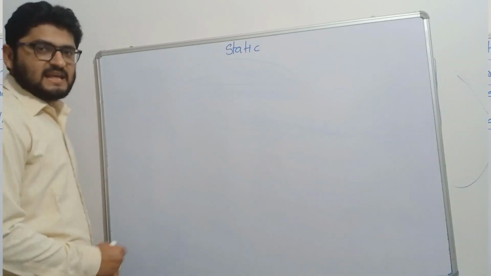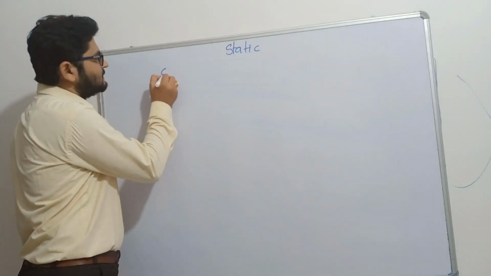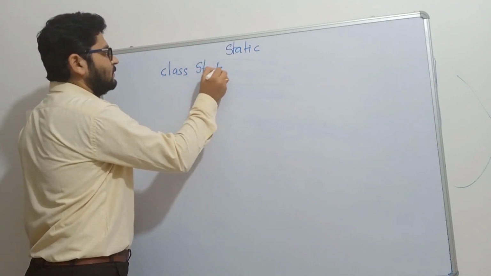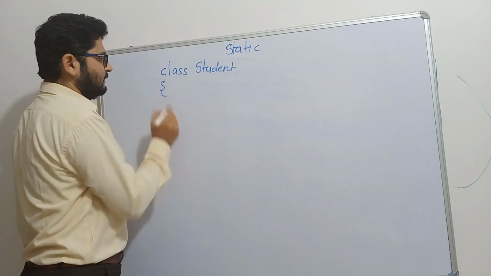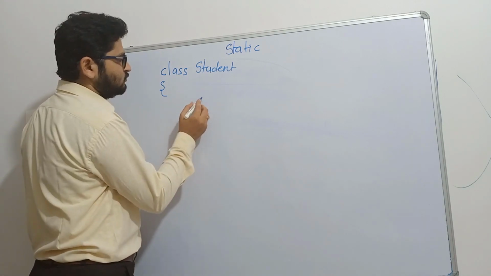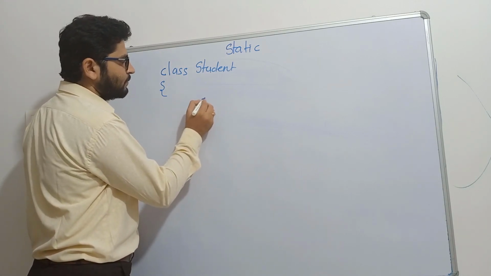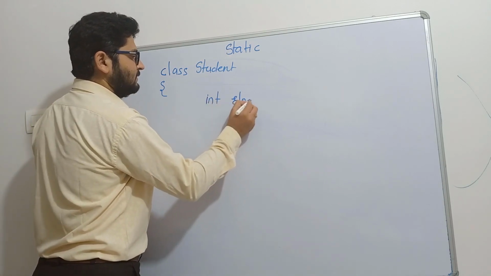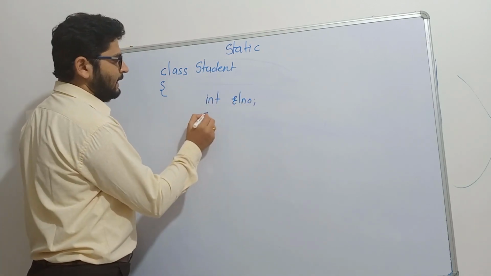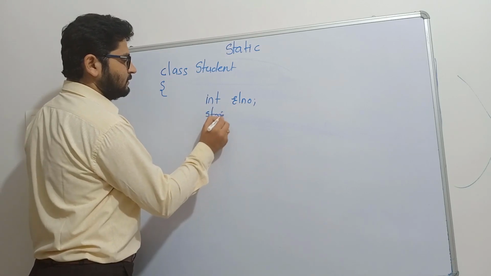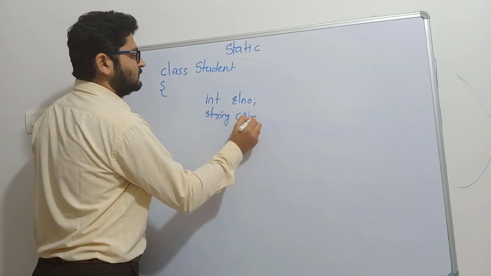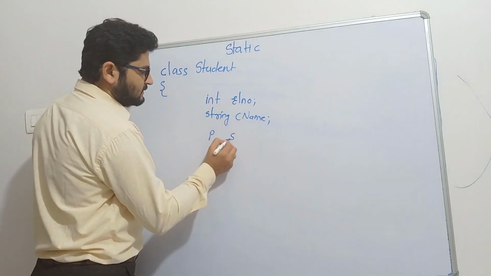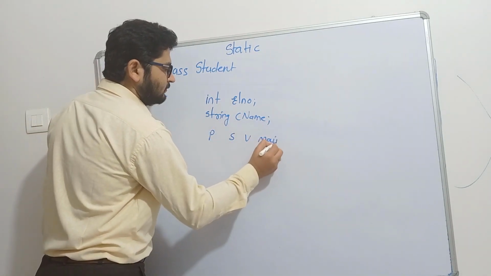Now consider a scenario where I have a class Student. In the Student class I have int rollNumber as an instance variable and String collegeName also as an instance variable. Then public static void main(String[] args).